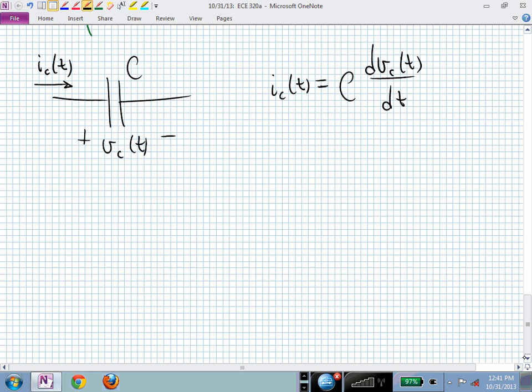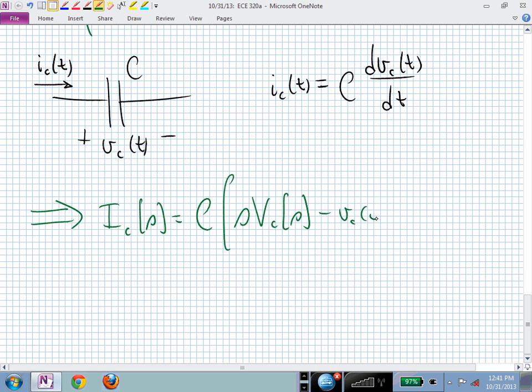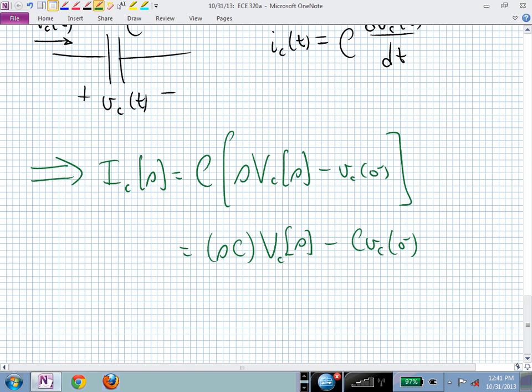If we Laplace transform that equation, now we have C times S V sub c of S minus C V sub c of 0 minus, or SC times V sub c of S minus C V sub c of 0 minus.